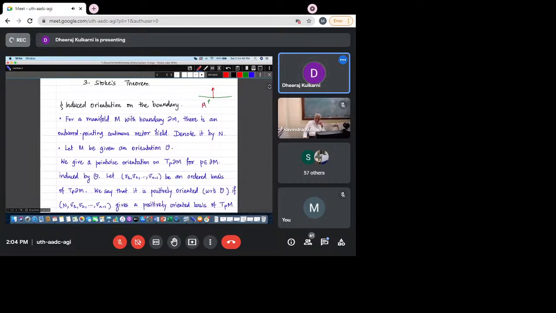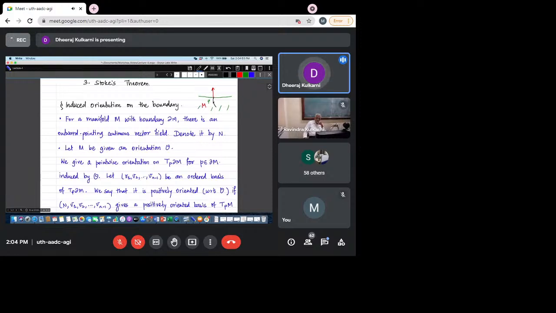M is on this side, and you may have a path that approaches this point, and this is the tangent vector at this point.